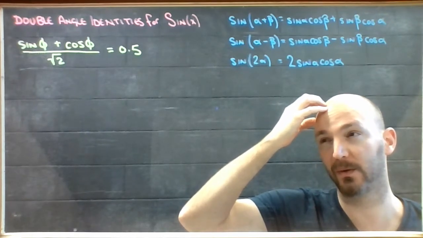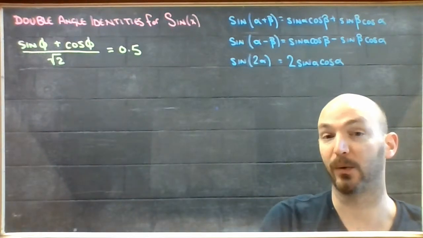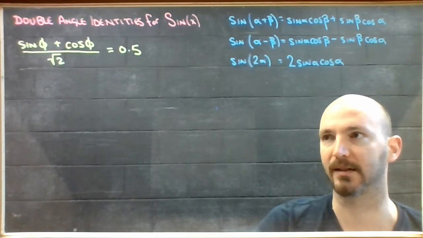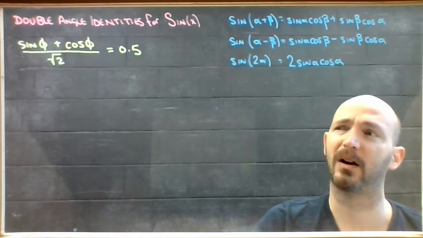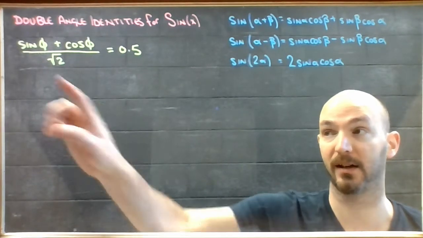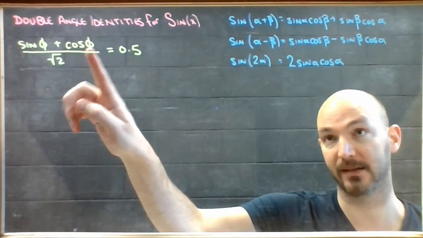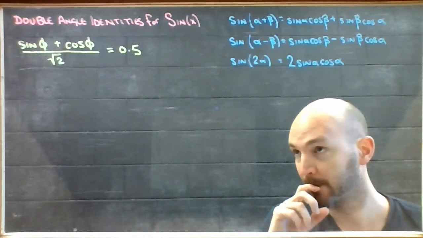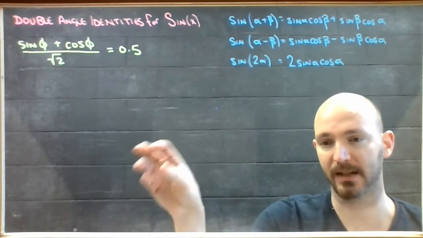So the first thing I'm going to recognize is that I have a root 2 there. Now when you're dealing with sines and cosines and you see a root 2, that's not an accident. That's one of the special triangle values. So I'm going to use that fact to try and construct a cosine to attach to this and a sine to attach to this so that I will have the right Lego bits to be able to collapse them down. So first thing I wanted was a sine times a thing, right?